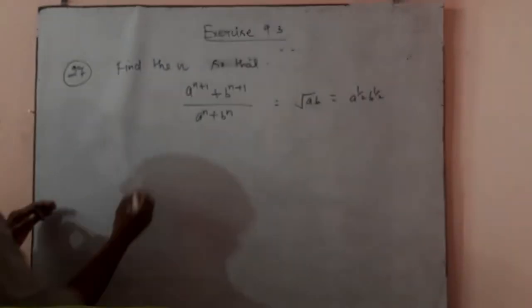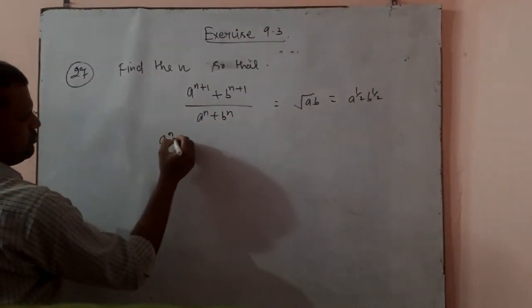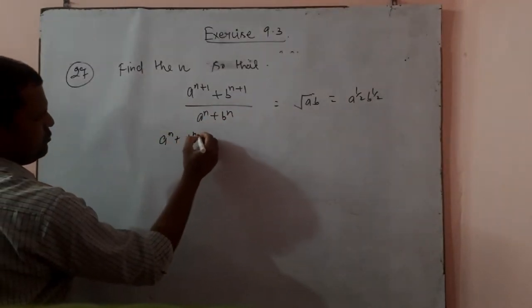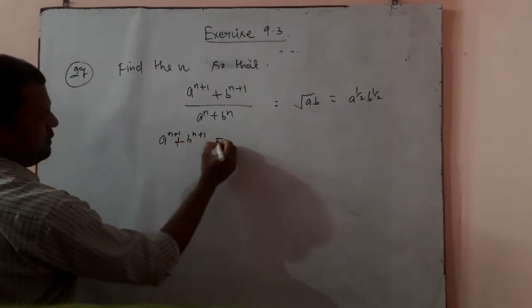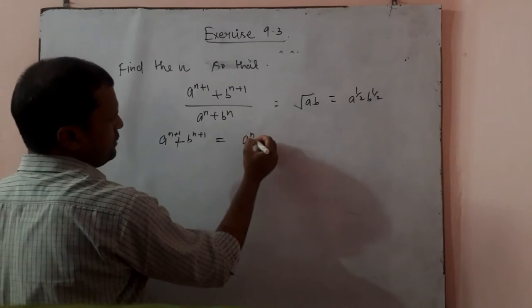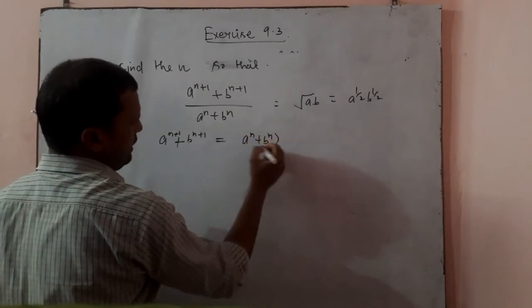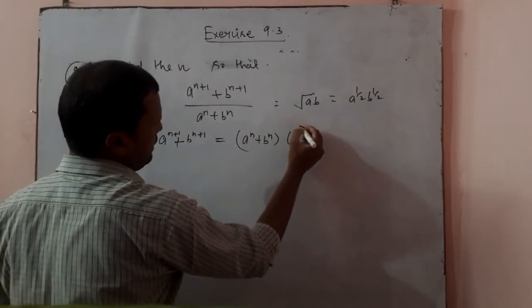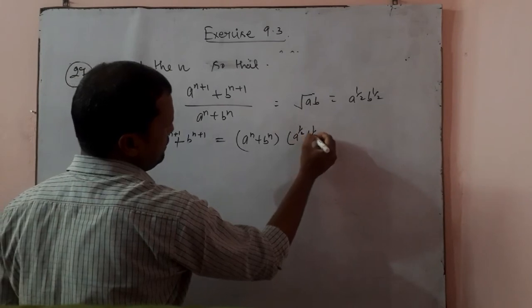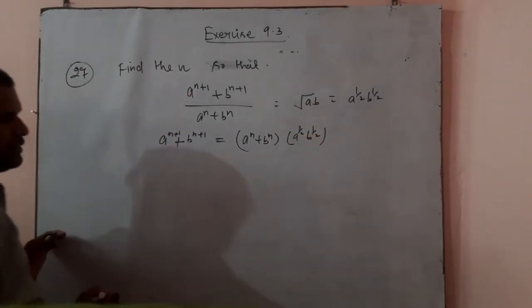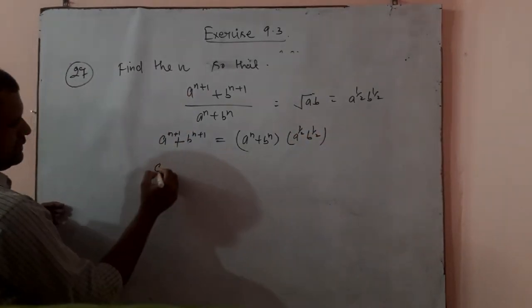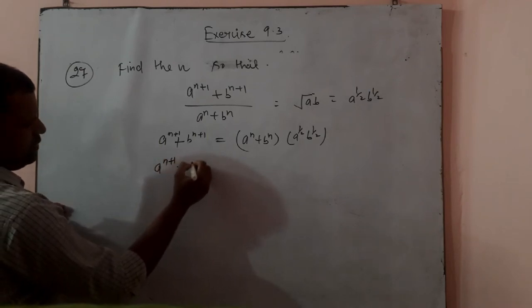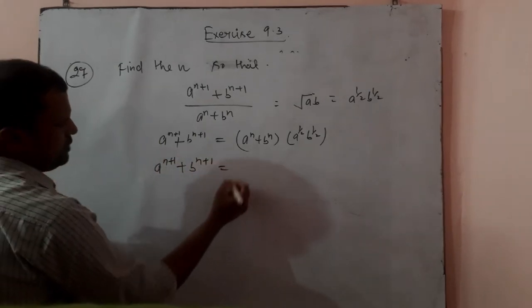Now we can multiply a to the power n, b to the power n plus 1. This is equal to a to the power n, b to the power n, and in brackets a to the power half, b to the power half. Now multiply a to the power n plus 1 plus b to the power n plus 1.